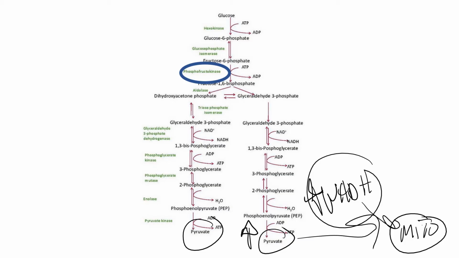And as pyruvate and NADH accumulate inside of the mitochondria, there's not actually going to be a gradient for pyruvate and NADH to enter anymore. So what's going to happen to pyruvate and NADH is they're going to begin to accumulate in the cytosol or intracellular fluid of the cell.